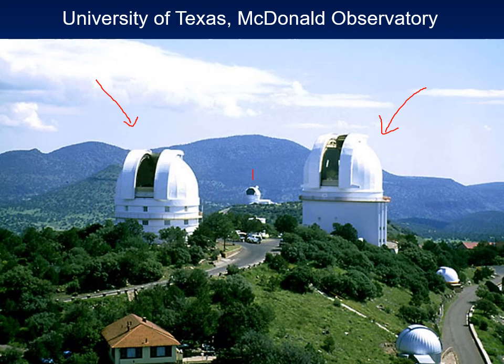There's a variety of smaller telescopes here on top of the mountain. There are living quarters here where astronomers can stay during the day and sleep all day and then work at night, if they have to come from elsewhere to do observations. So this is the University of Texas McDonald Observatory located in far west Texas.